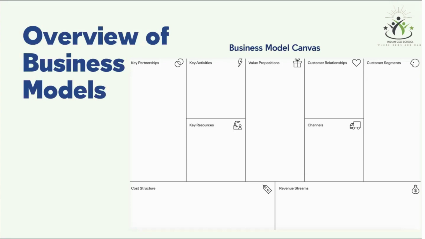What are the activities that are involved in our business? Then comes key resources. What all resources are required for our business to start? Value proposition. What is the value that we are proposing to the customer, which is so different from the competitors, maybe indirect or direct, entirely different from what they think.